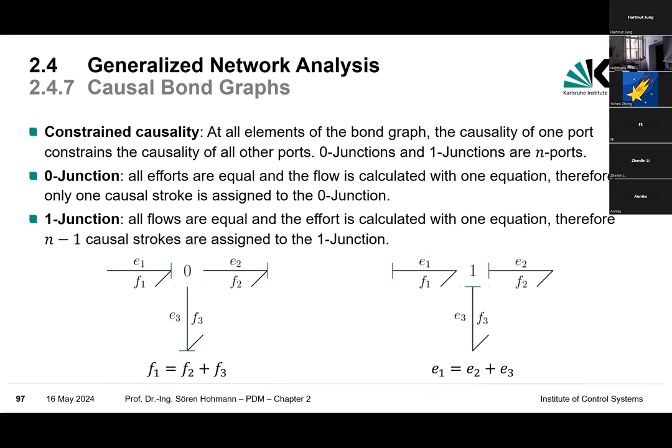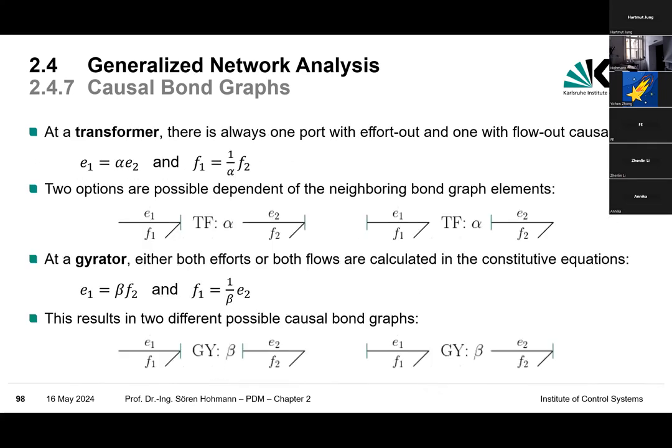It's just a definition to manage this kind of algebraic relations with E to the power of -1, which I mentioned at the beginning. If I define this in a bond graph, I don't have to manipulate this matrix. And last but not least, the transformers, you can read it. We have these causal strokes as well as for the gyrators.